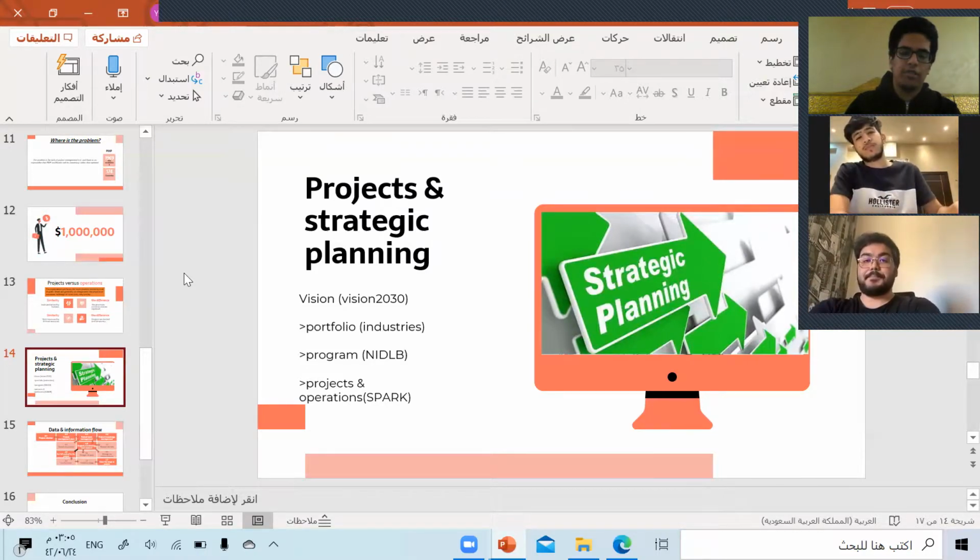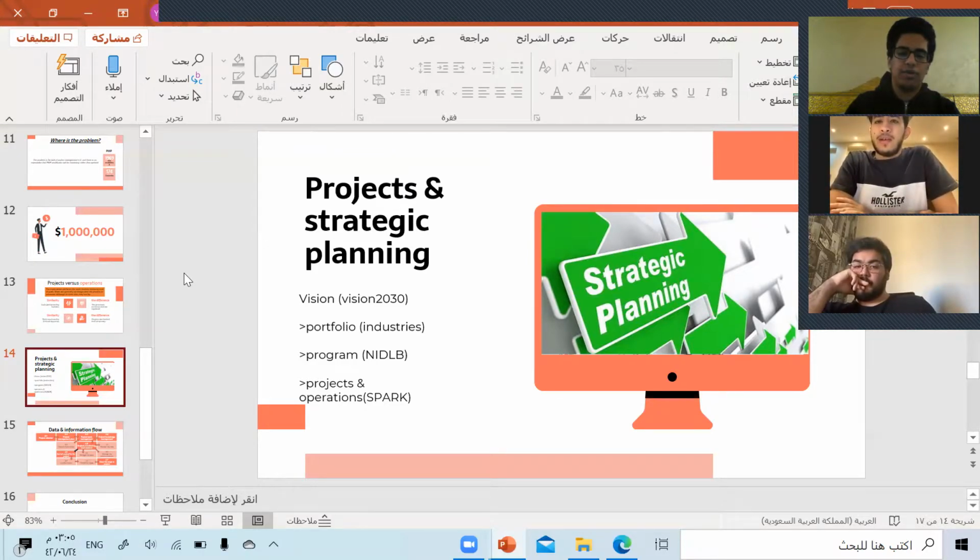Under these programs, there are projects that help us achieve what we have put in the program, the numbers we have put in the program. For example, we have Spark, the biggest industrial city in the world, in Riyadh. We have the Sami company. These projects at the end will finally help us to achieve the imagination we had in the first place in the vision.